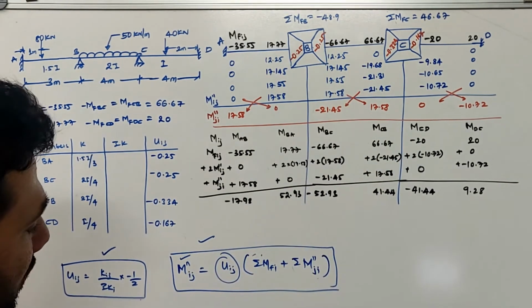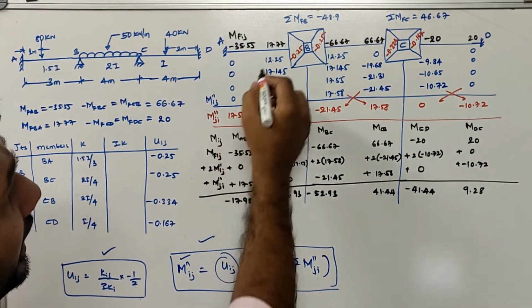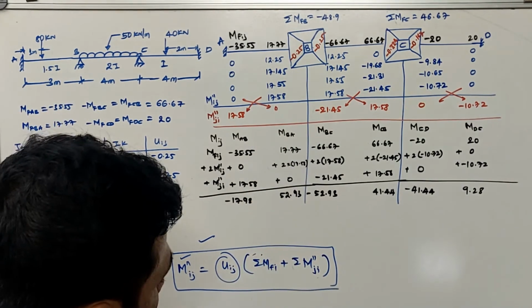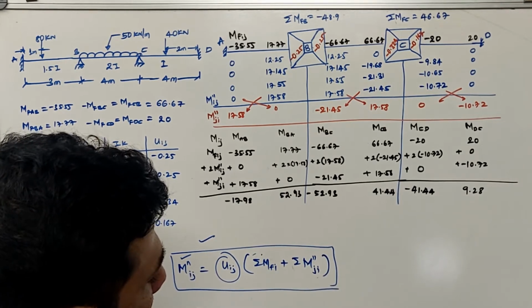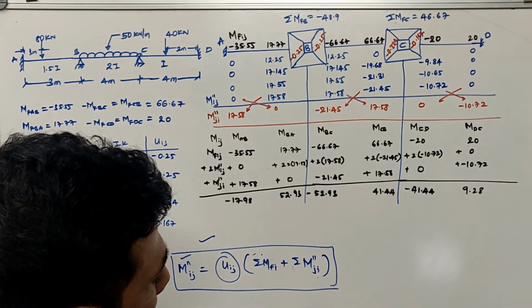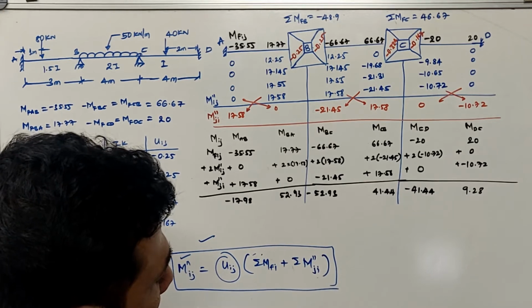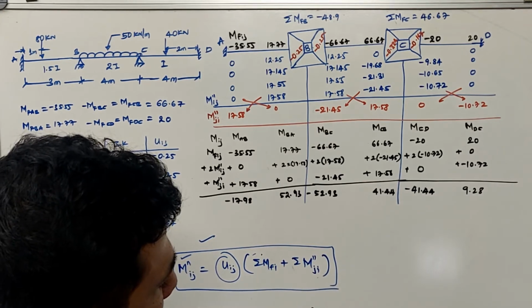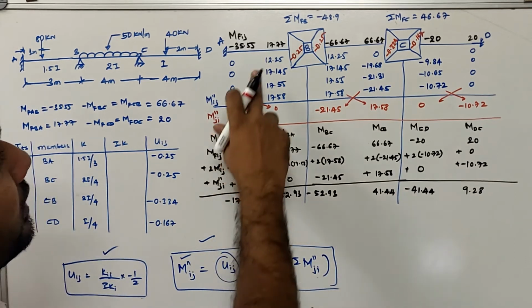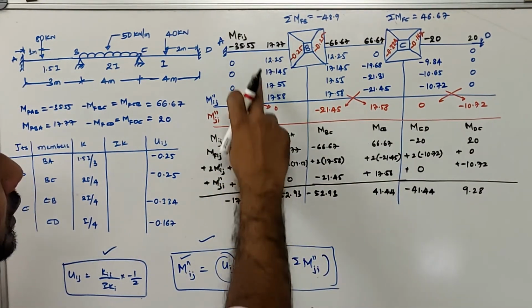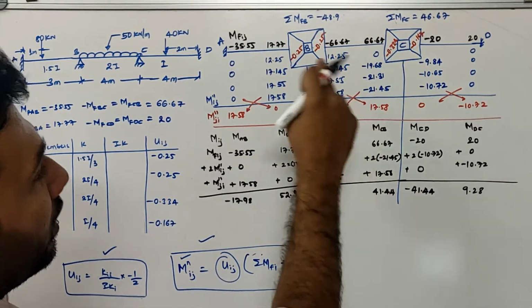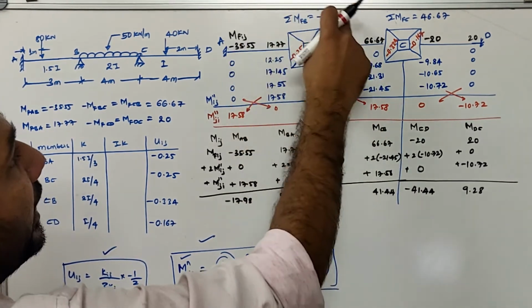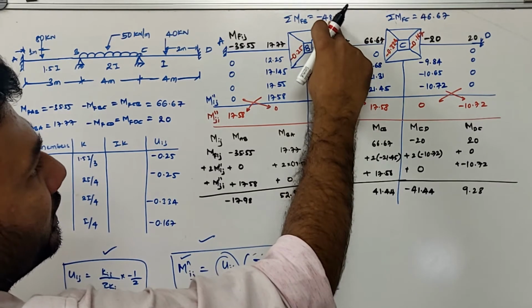Okay, so let us solve for M"BA. M"BA can be calculated by UBA multiplied by summation of MFB plus summation of M"JI values. Okay, so at this end what we need to do is we need to add these two rotation moments, these two which are 0 already, and these should be added by summation of fixed end moment with this.